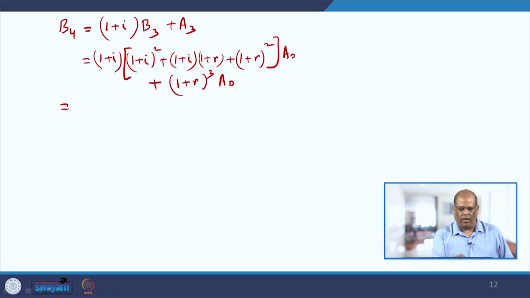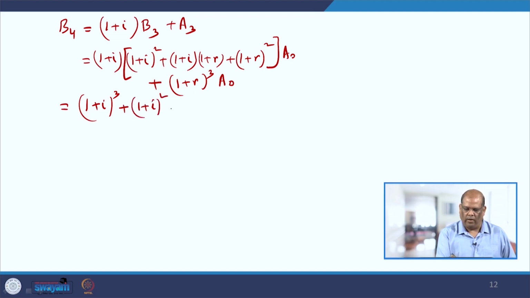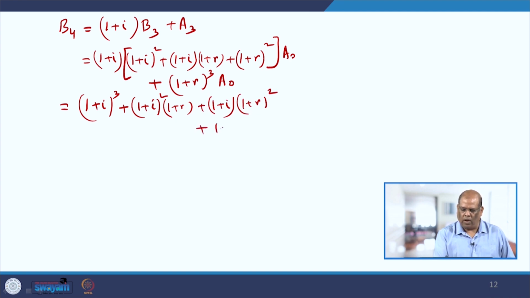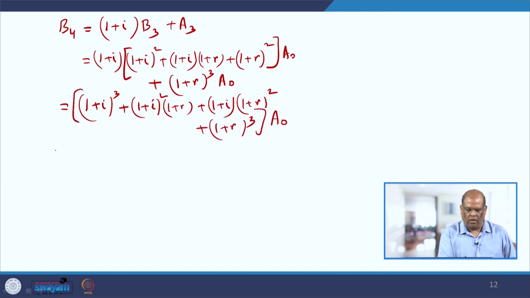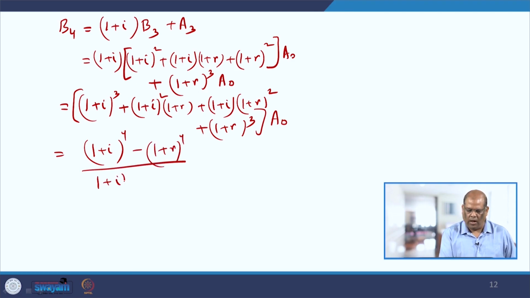So if I multiply this, I will get (1 + i)³ + (1 + i)²(1 + r) + (1 + i)(1 + r)² + (1 + r)³ into A0. And this can be written as ((1 + i)⁴ − (1 + r)⁴) divided by ((1 + i) − (1 + r)) into A0.